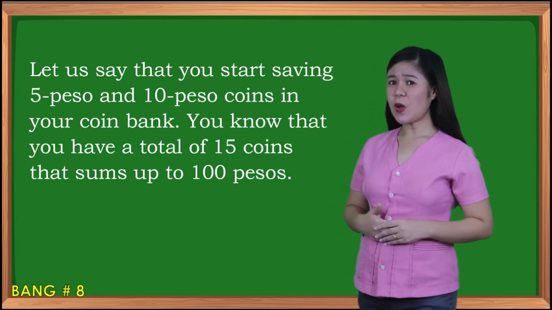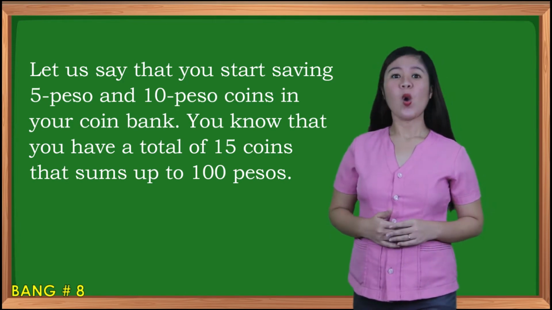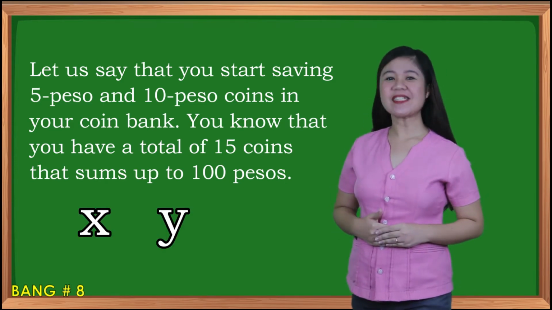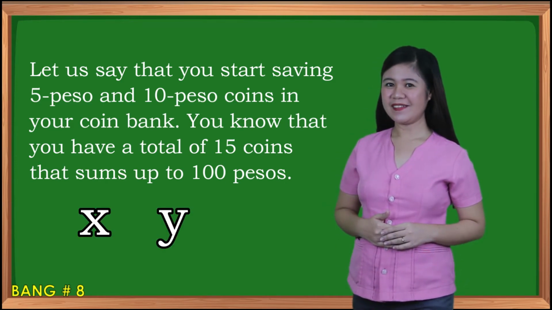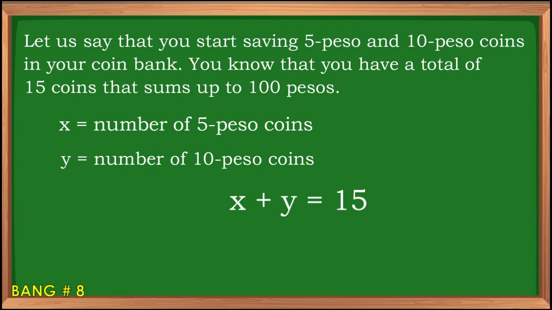Since we do not know the number of 5 peso and 10 peso coins, we can use the variables such as x and y. Let x be the number of 5 peso coins, and let y be the number of 10 peso coins. Since there are 15 coins in your alakansya, we write x plus y is equal to 15. But how can we write the next equation?